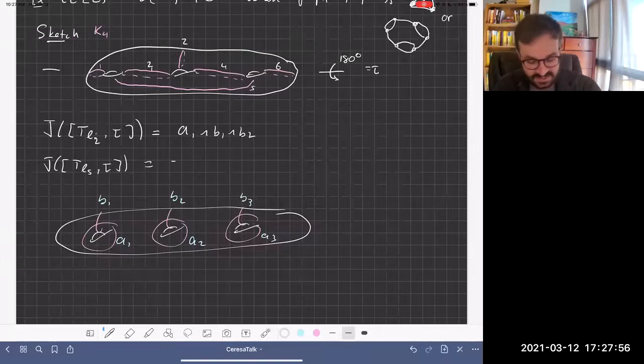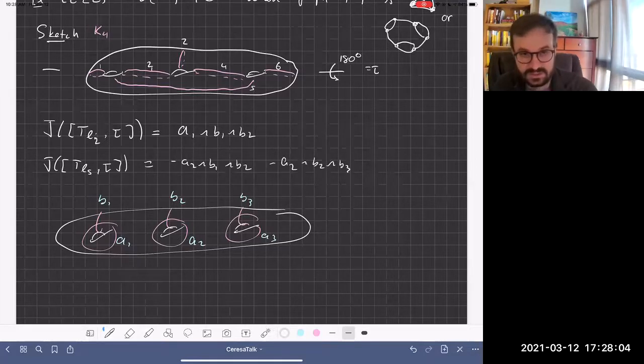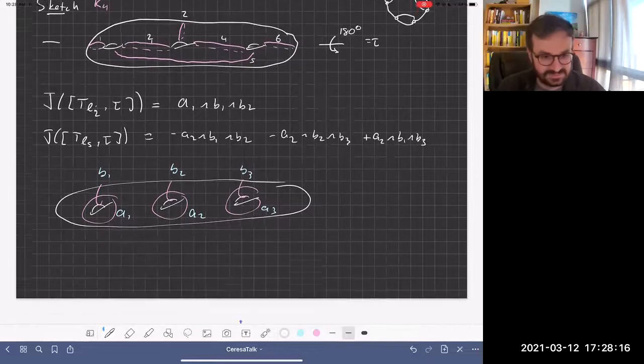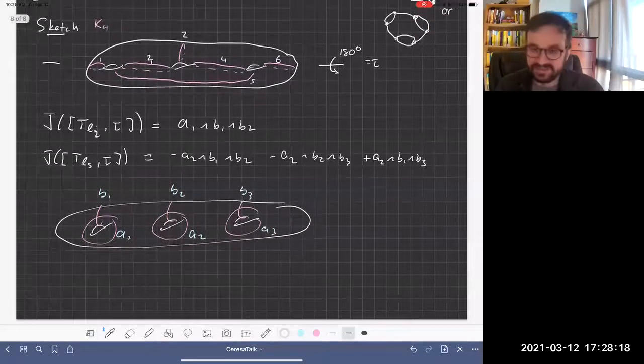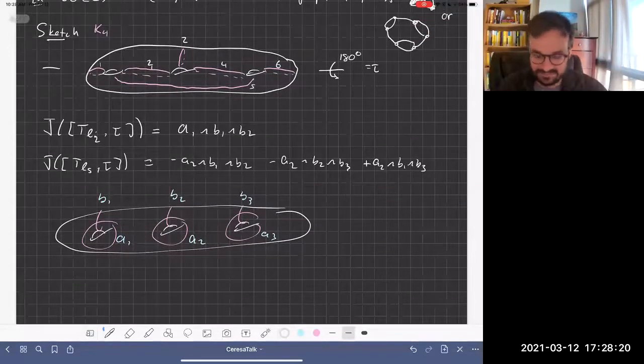This is going to be something like minus A2 wedge B1 wedge B2 minus A2 wedge B2 wedge B3 plus A2 wedge B1 wedge B3. Again, this is just you applying the very concrete formula for the Johnson homomorphism. And then for everything else, you get that that bit is trivial.